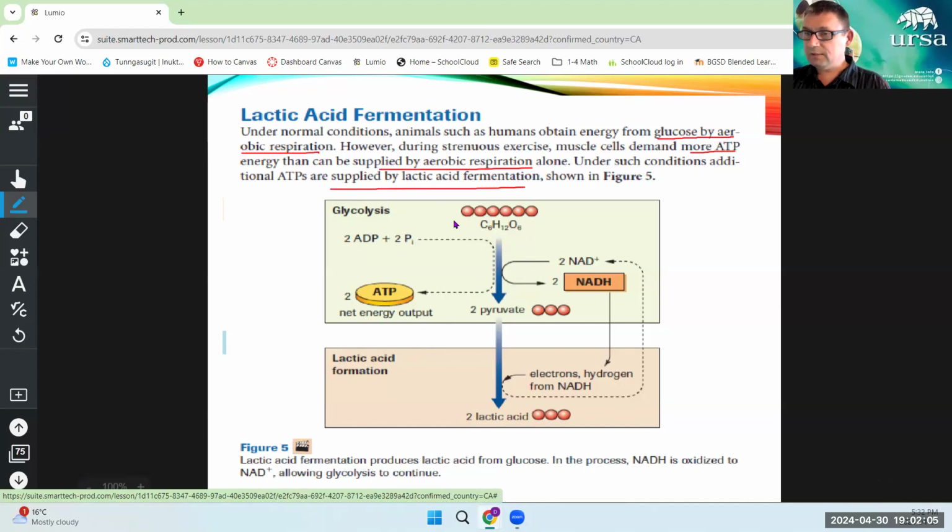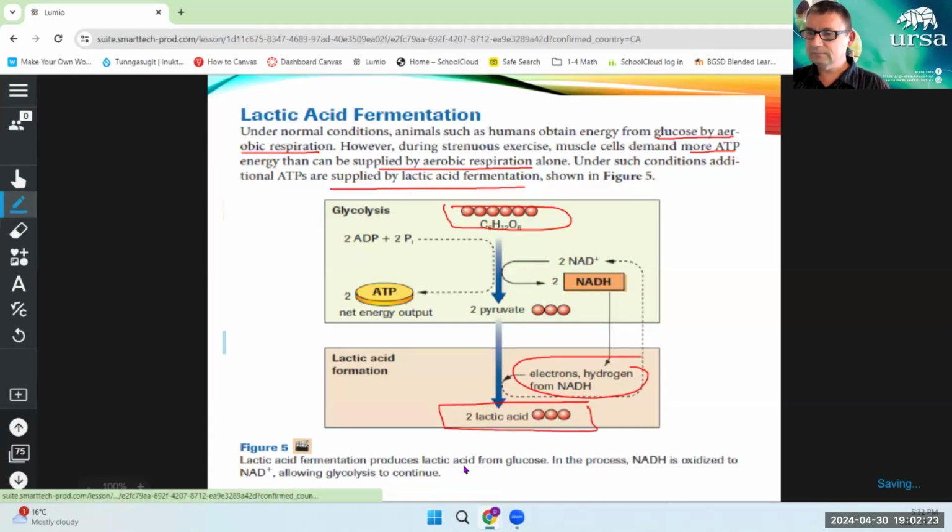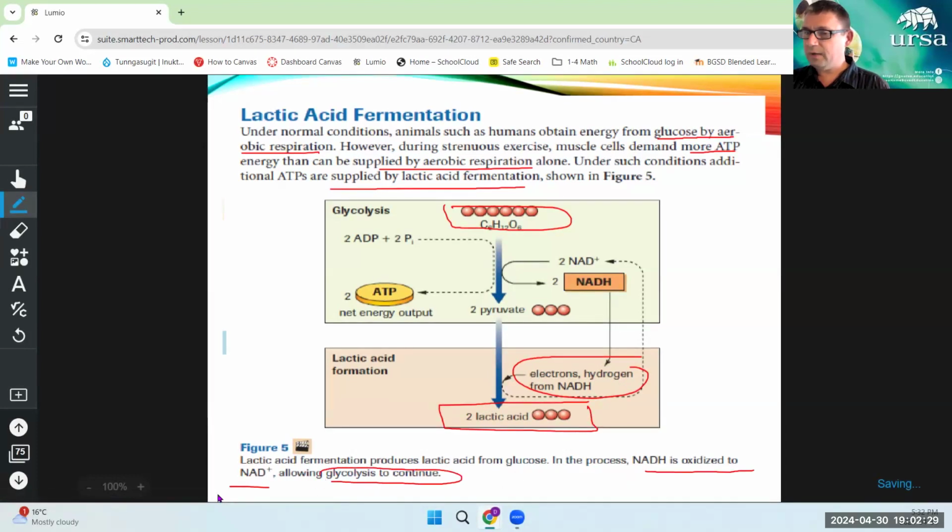So again, process is glucose molecules, a little bit of ADP, and ATP goes in, ATP is produced, pyruvate comes out, the electrons are accepted by the pyruvate, yielding lactic acid. Also part of the process, we get NADH oxidized to NAD, which allows for the continuation of glycolysis.